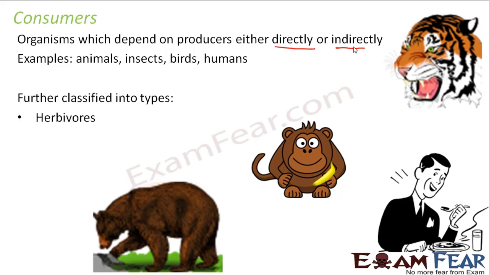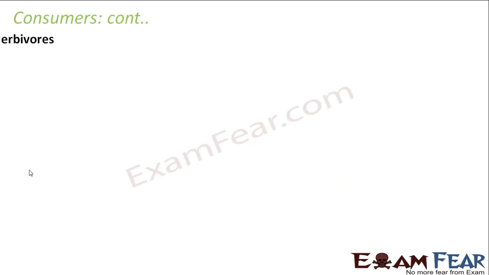The first type was herbivores, next carnivores, then omnivores, and finally parasites. So these are the 4 types of consumers. So let us now discuss each of these types in detail.